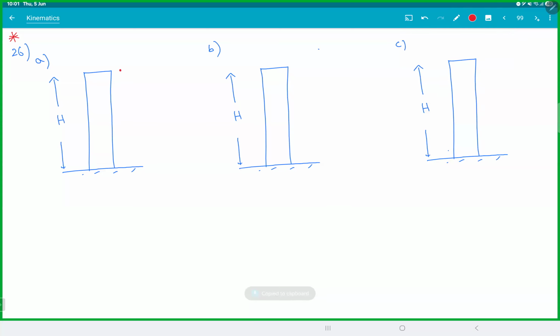In the first case, you took a particle and released it from rest. So this particle fell straight down, and let the time of flight be t1.